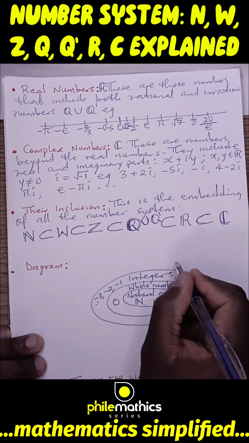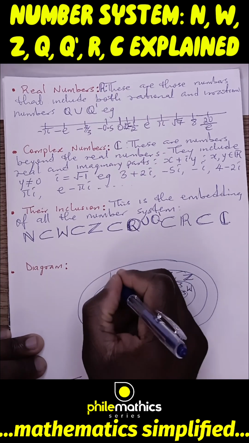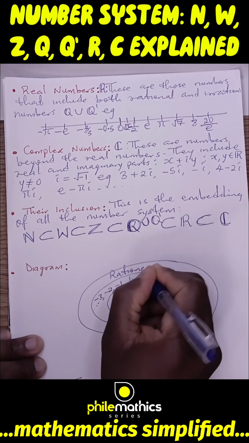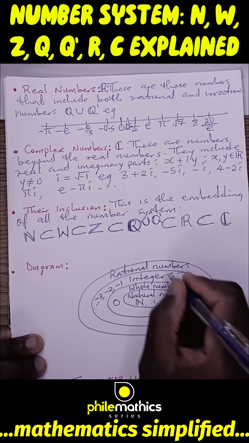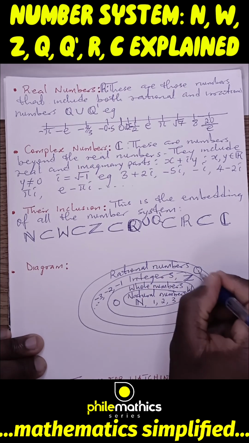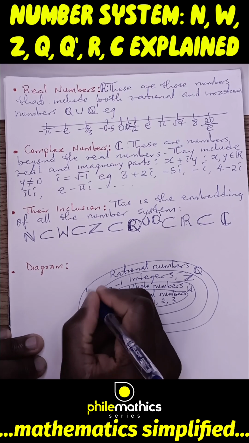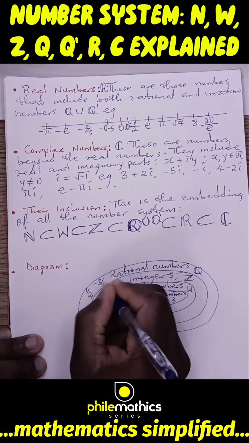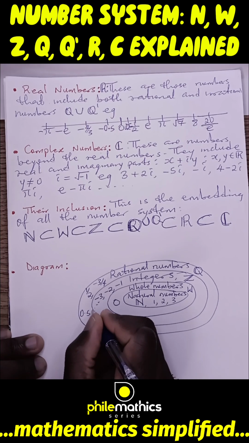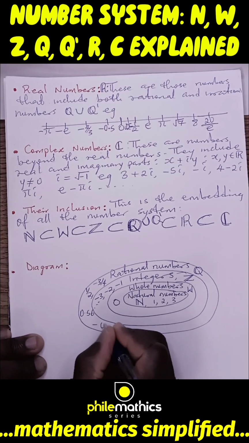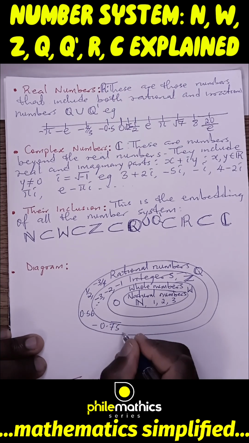The next layer is the rational numbers. The symbol is Q, and so it includes the rationals 1 over 2, minus 3 over 4, 0.56, minus 0.7575 repeating, which will be represented with a bar.